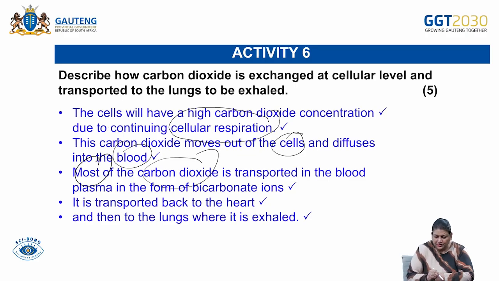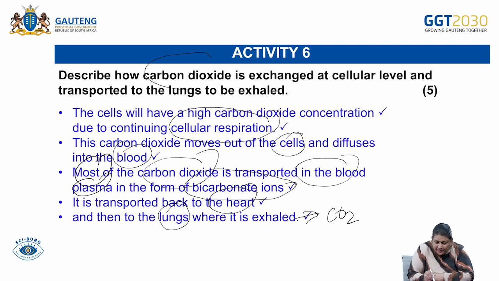Most of the carbon dioxide is going to be transported in the blood plasma in the form of bicarbonate ions, and then it's going to be transported to the heart and then to the lungs, where the lungs are going to exhale that CO2. So here we explained carbon dioxide going from the cells to the blood, from the blood to the heart, heart to the lungs, and then it's going to be exhaled. Okay.